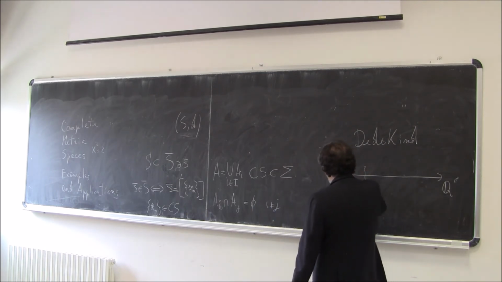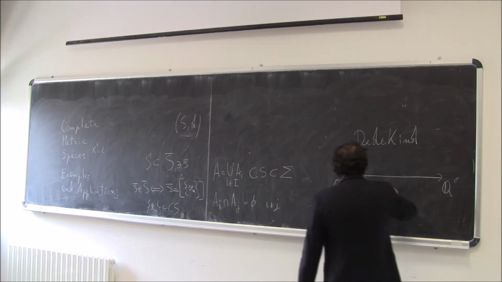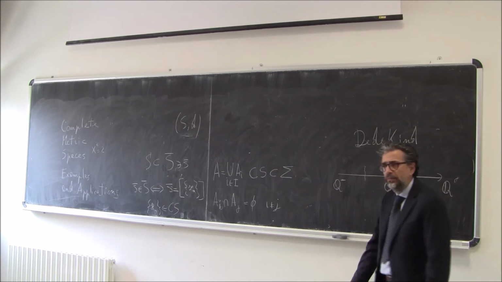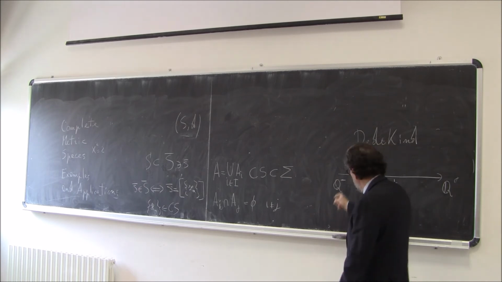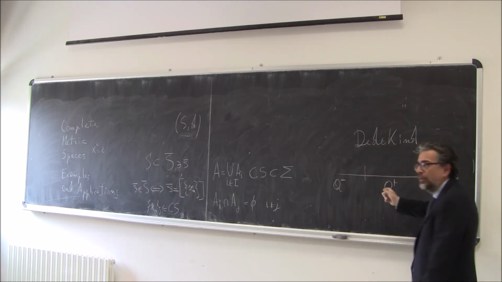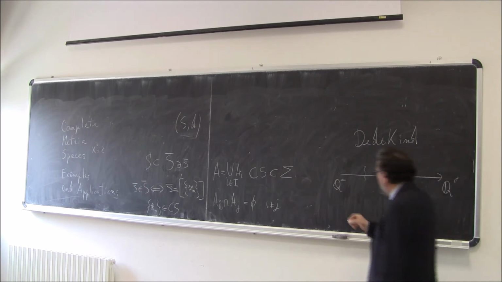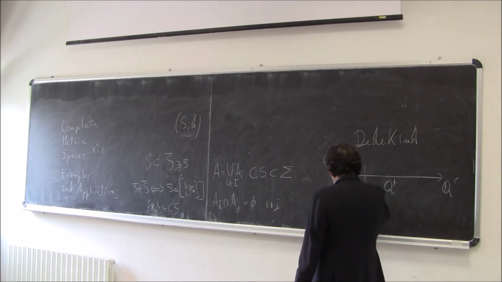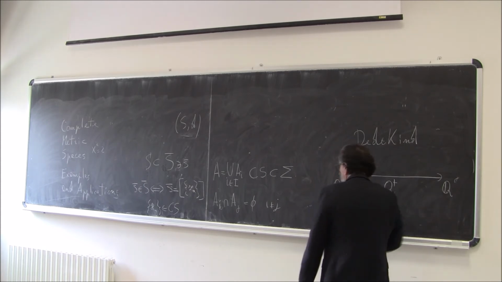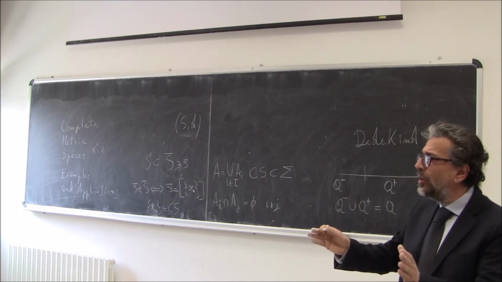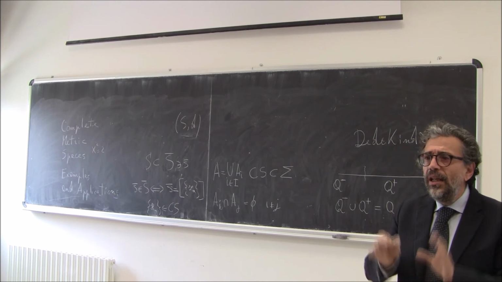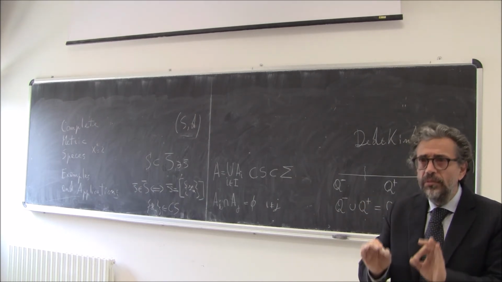You take Q minus and Q plus, a subset of Q, Q minus, and another subset, Q plus. Then you consider Q minus union Q plus equal to all of Q, all elements of Q. So you have a partition of the rational numbers in two subsets.